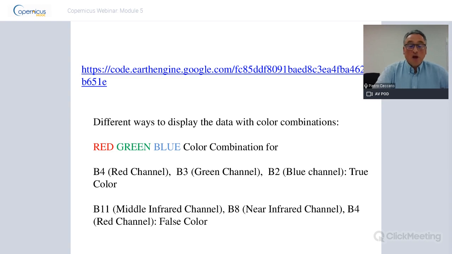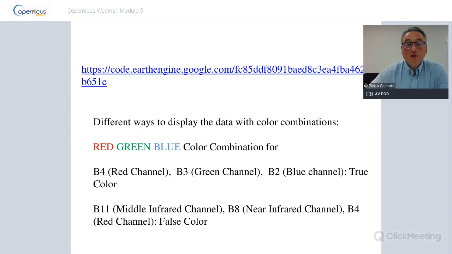And this is an example of how you can display the satellite images that you receive. You can always use a combination of red, green, and blue to represent any type of color. The way you display the images is you select the band you want.